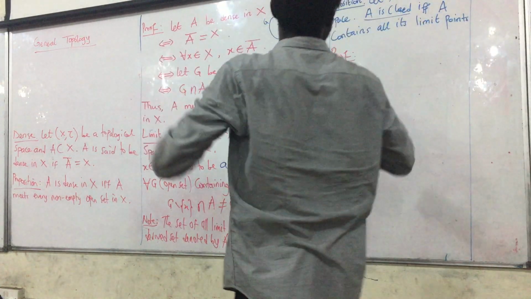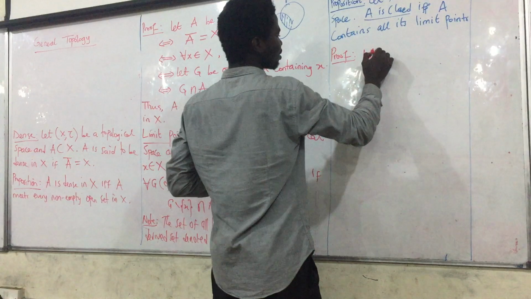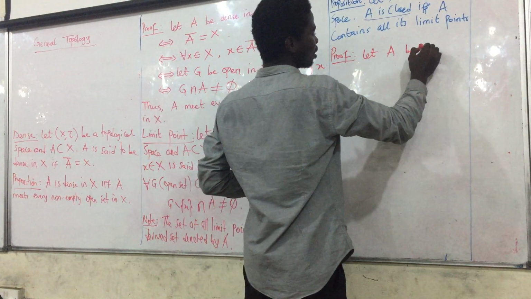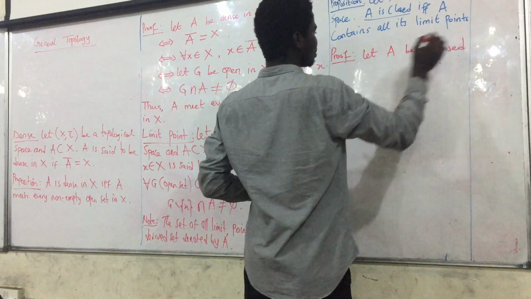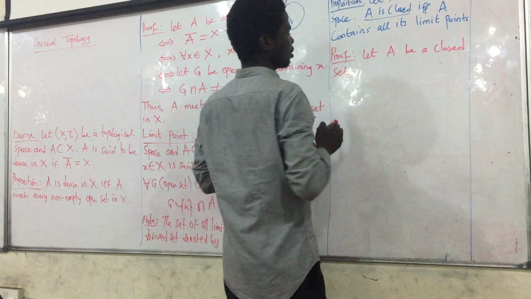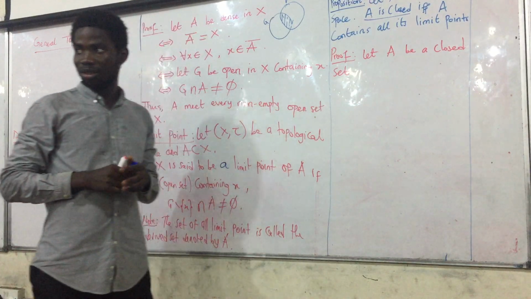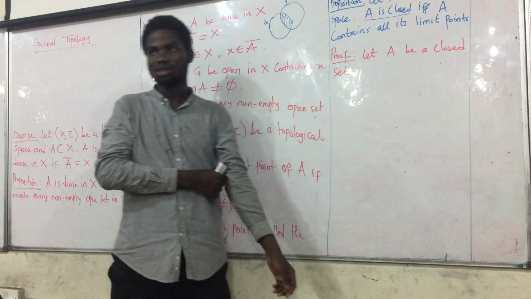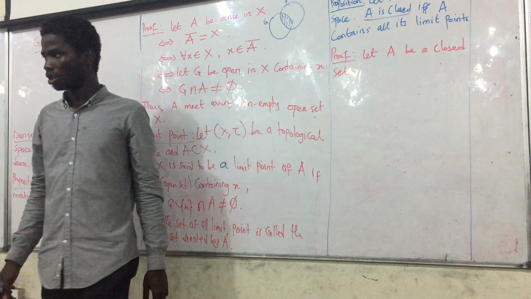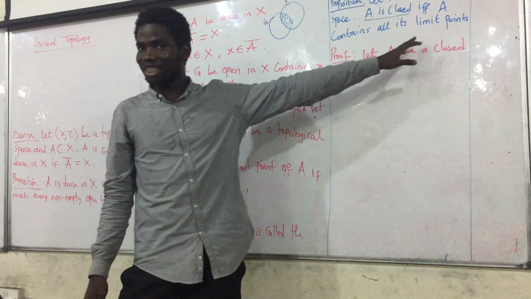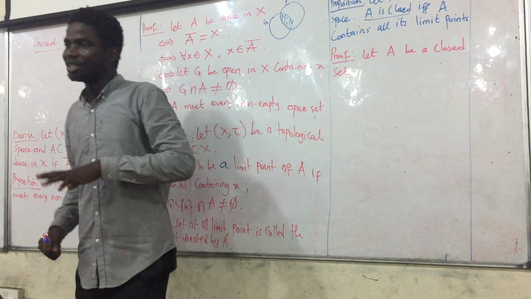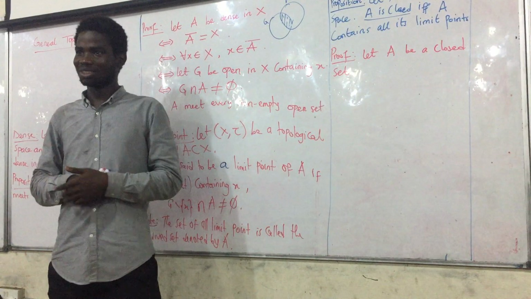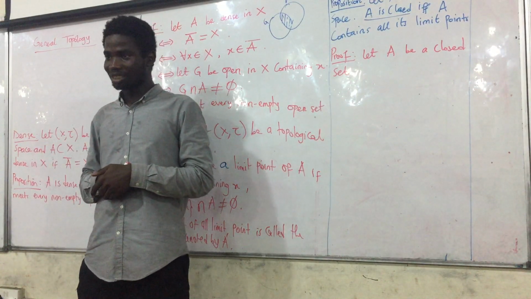Now, let A be a closed set. Right? Are you getting it? We want to prove that A contains all its limit points. So this time around, we want to prove by contradiction. Do you get that?